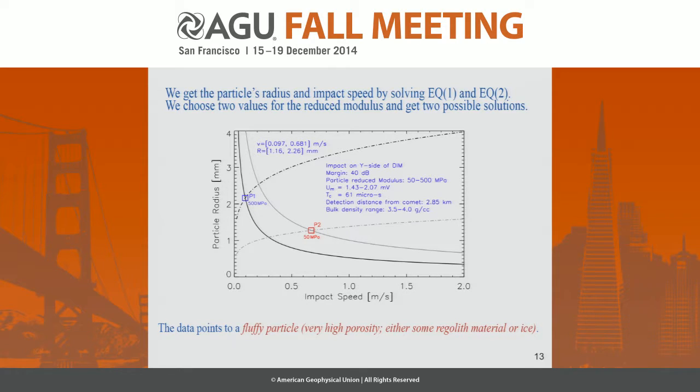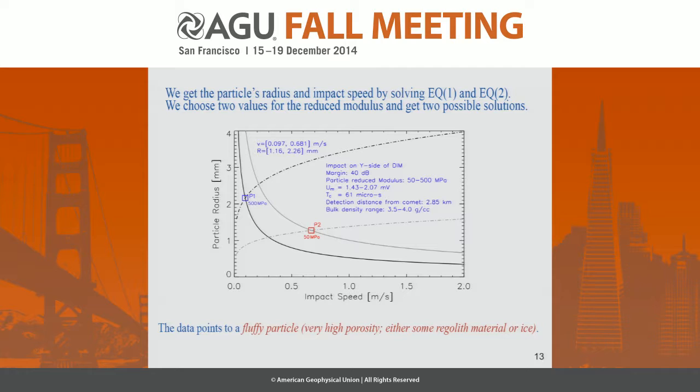Based on the aerogel experiments, we assume that the Young modulus was in the range between 50 and 500 megapascals. If we take these two values, then we have two possibilities. What you see on the top left of the plot is the ranges of values.